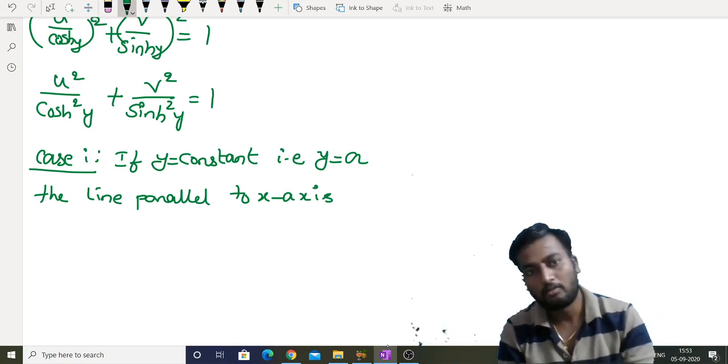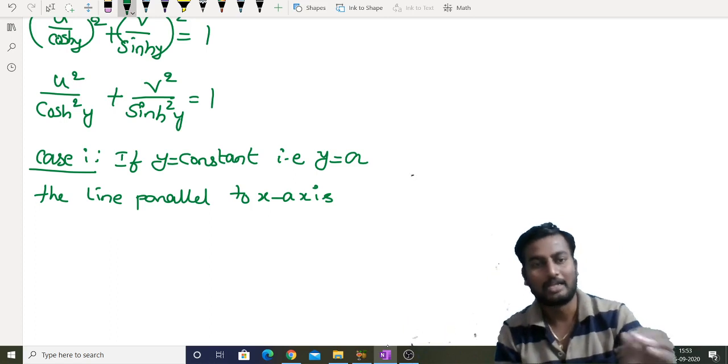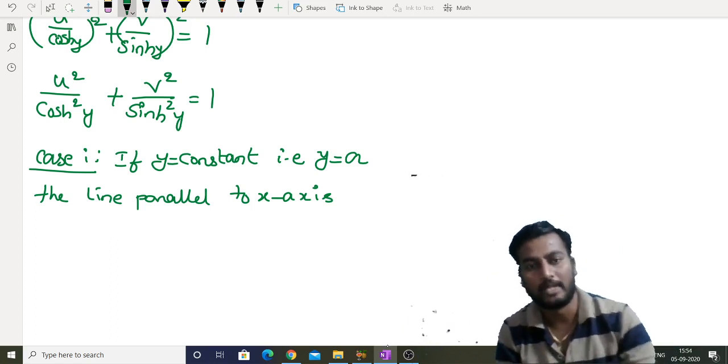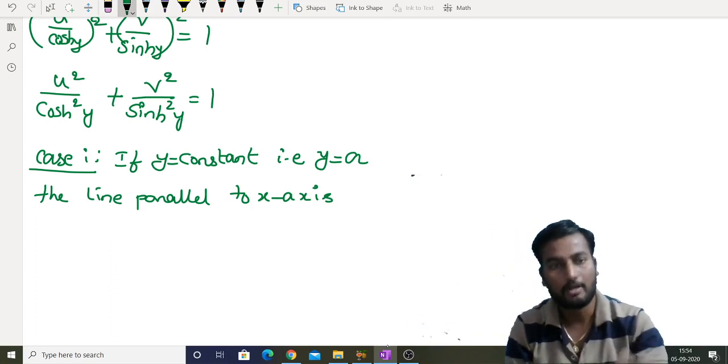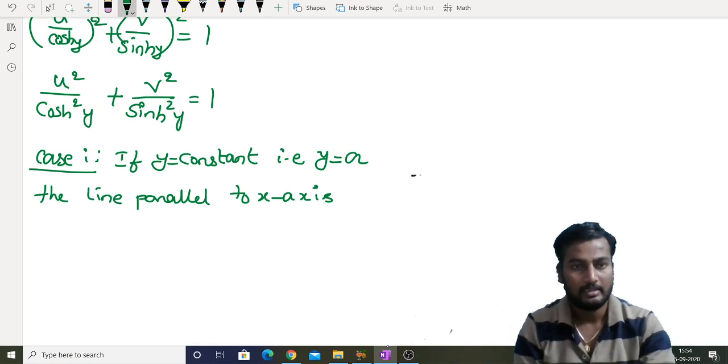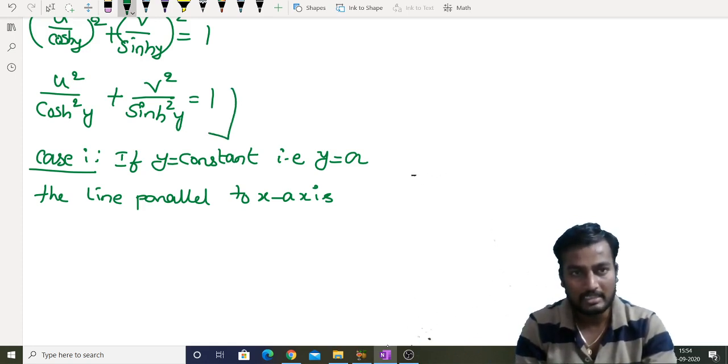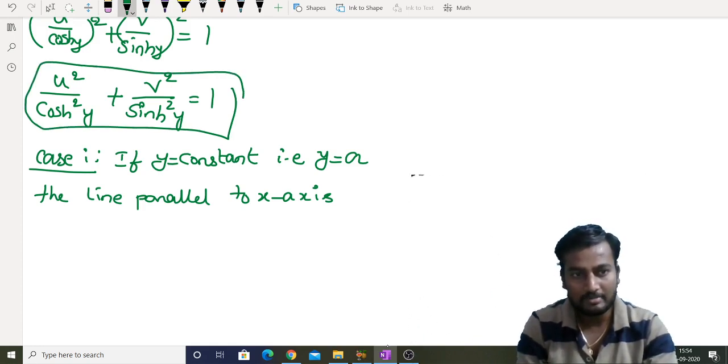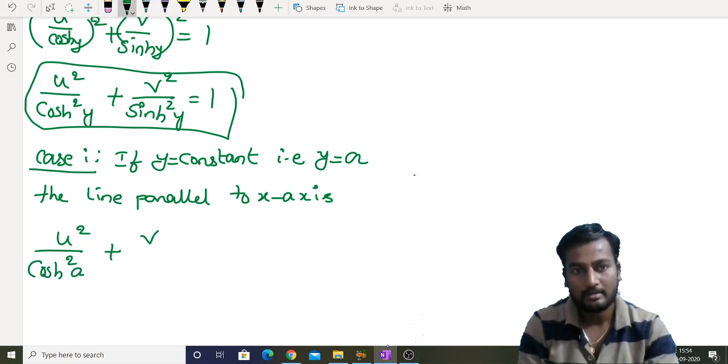So if we take y equal to constant, that line is mapped to the w plane, which you have to find. If y equal to some constant, then this expression becomes u square by cosh square a plus v square by sinh square a, which is equal to 1.